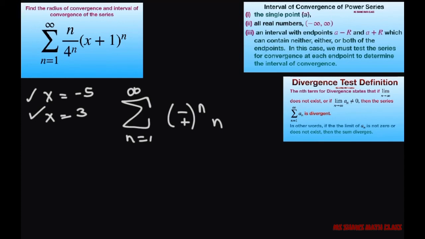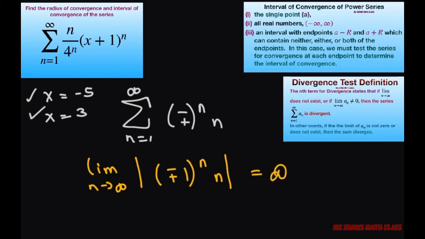When you take the limit of this, the test for divergence: the limit as n approaches infinity of the absolute value of (negative or positive 1) to the nth times n equals infinity. So since it's infinity, the interval of convergence is still going to be negative 5 to 3, but it's an open interval. So it's negative 5 to 3.